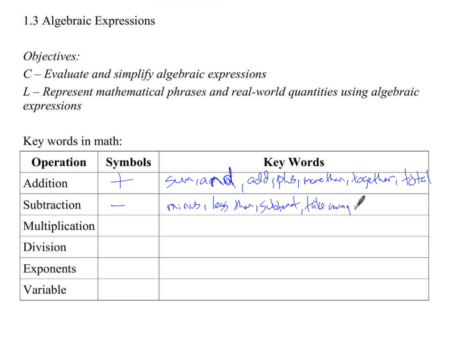There's more. Difference, good. Okay, we have sum, we have difference. We have add, we have subtract, we have plus, we have minus, we have more than, we have less than, we have together, we have take away, we have total. Okay, do we have anything else? Any other subtraction words or phrases?